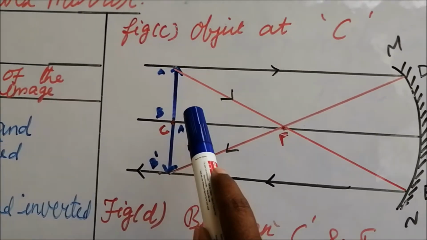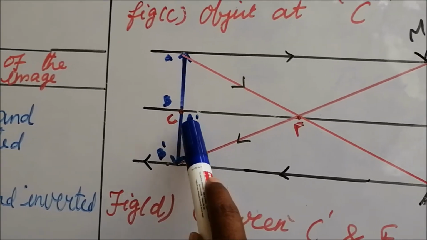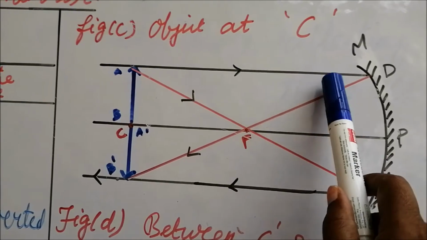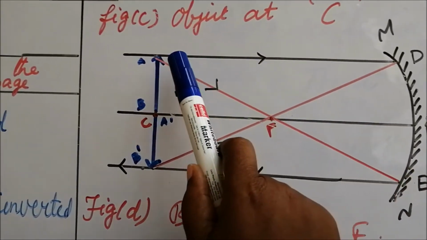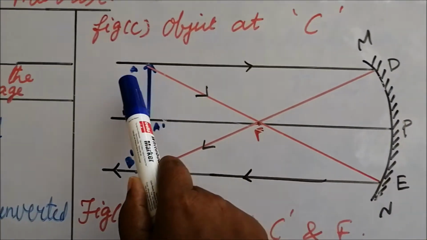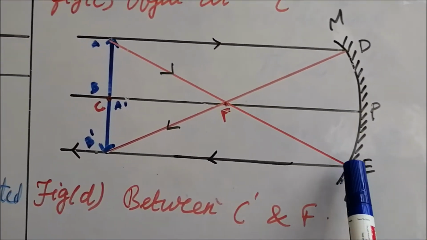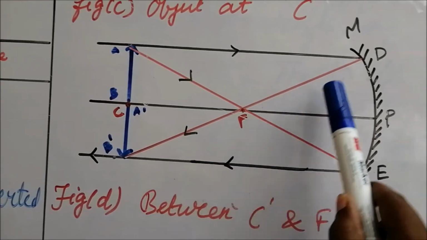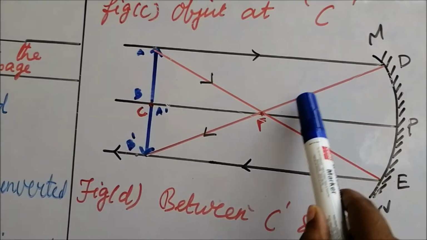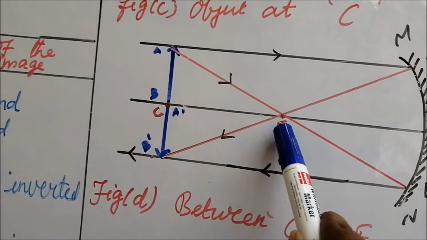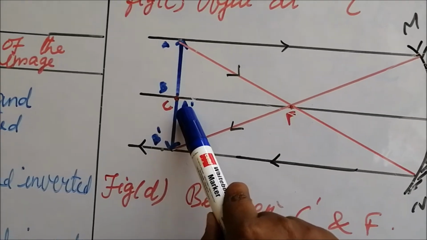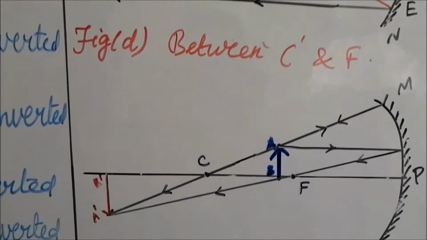In this case, we are getting the image also at the point C. See the ray which comes from the object. So this ray and this ray are falling here, and this ray is falling here. This is getting reflected through this path, and this ray is getting reflected through this path. These two rays are getting intersected, and we will get the image at the same point C, that is the center of curvature.